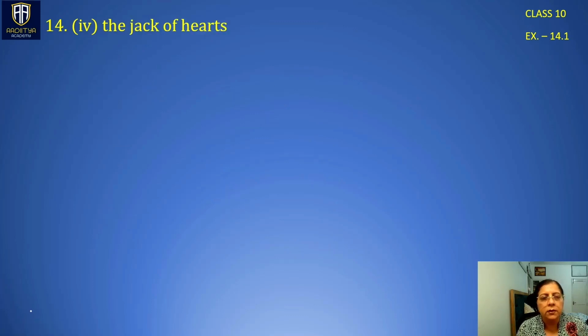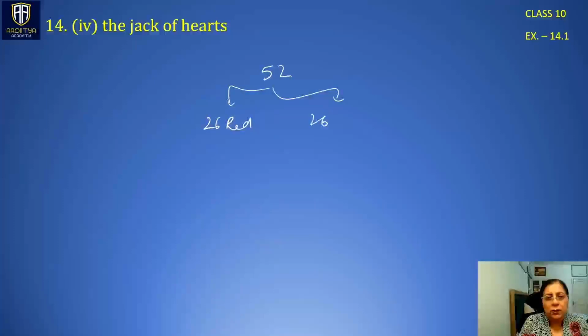Yes, now is Jack of Hearts. Like I told you, total are 52 cards. Then we go down, 26 red and 26 black. Right? Now red are diamonds and hearts. Right?